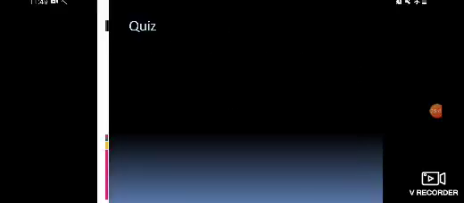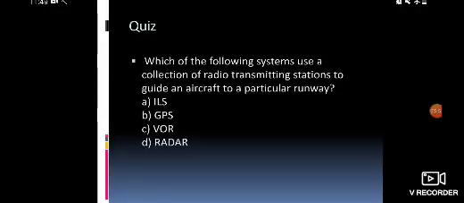Okay, after this is clear, let us have a quiz. Which of the following systems use a collection of radio transmitting stations to guide an aircraft to a particular runway? Please note this question.